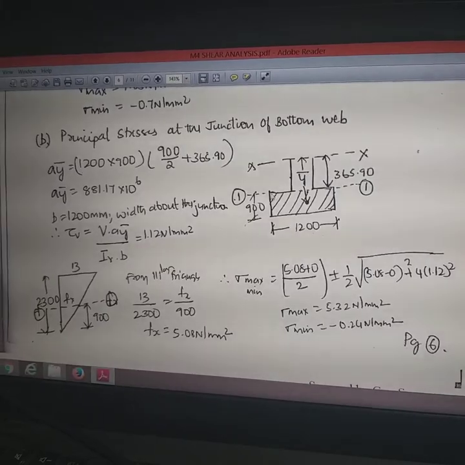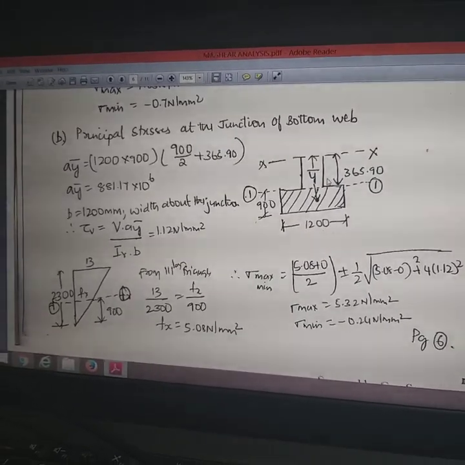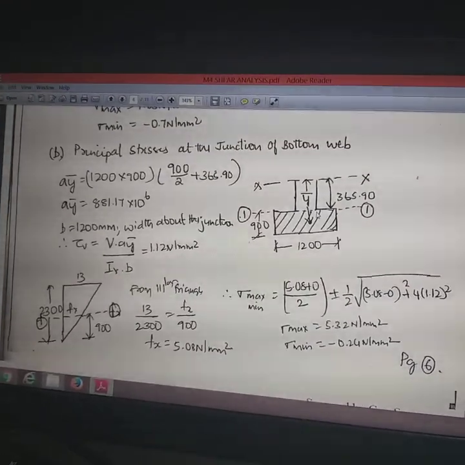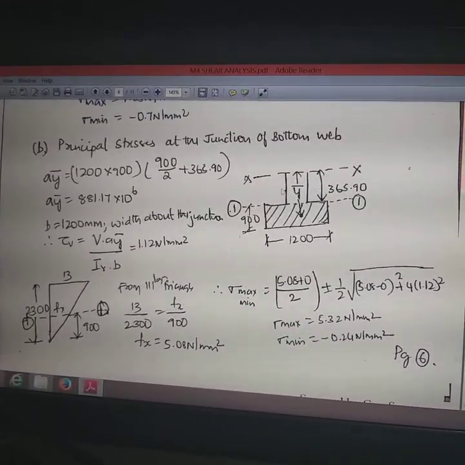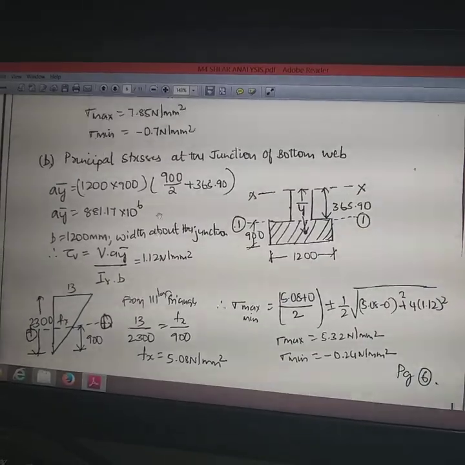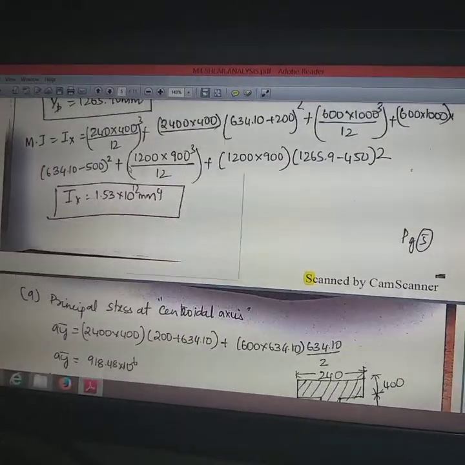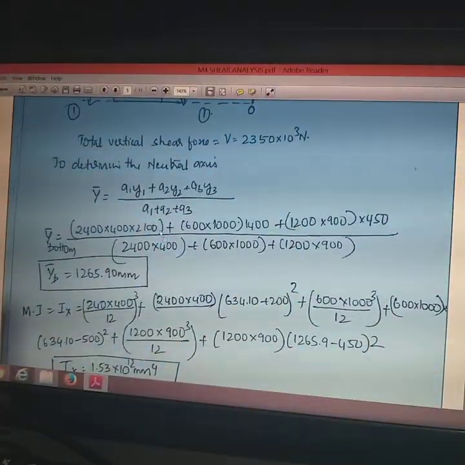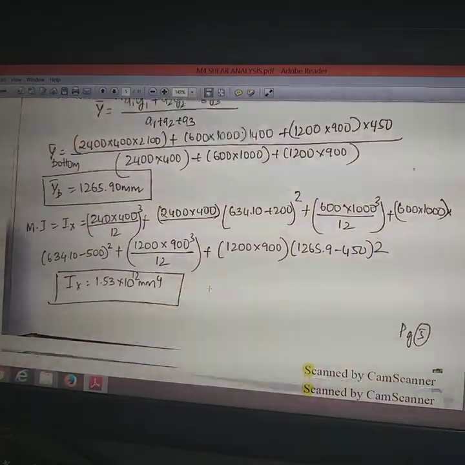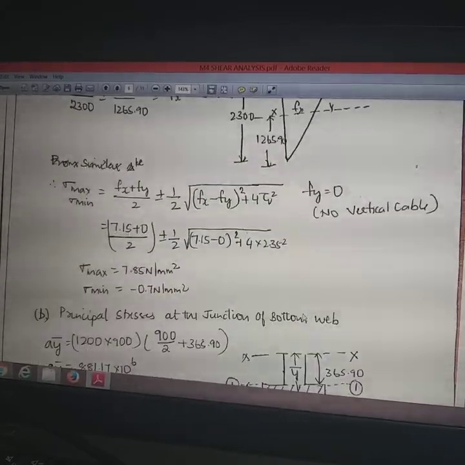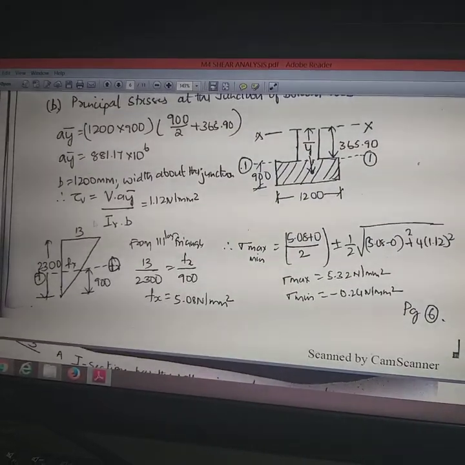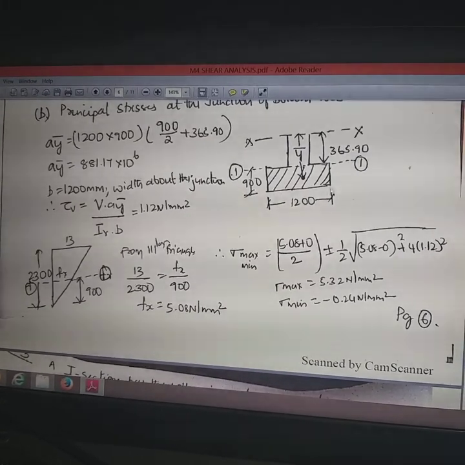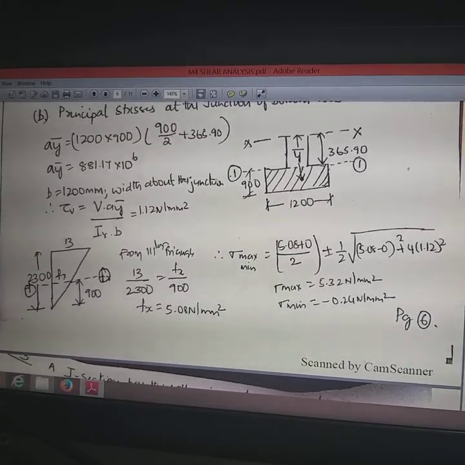The junction is the position where the bottom flange and the web are connected. Only this particular portion you have to consider.